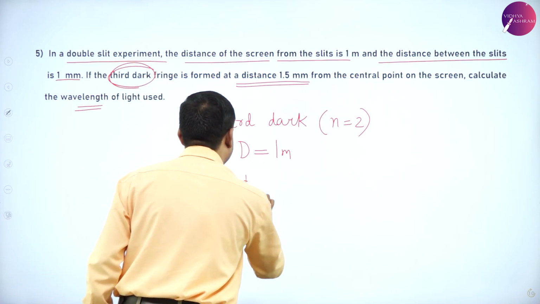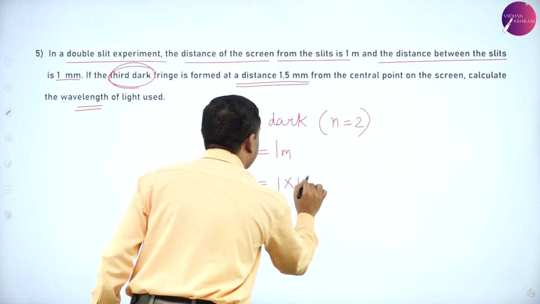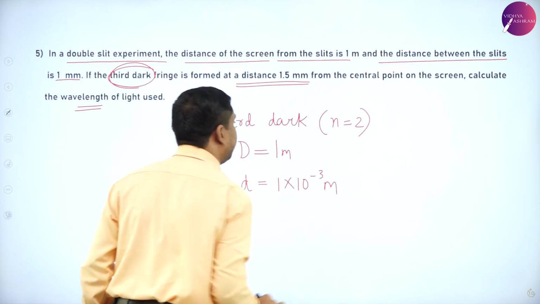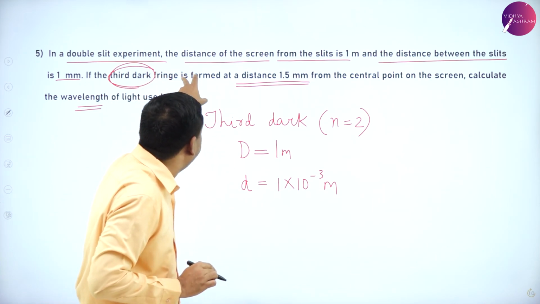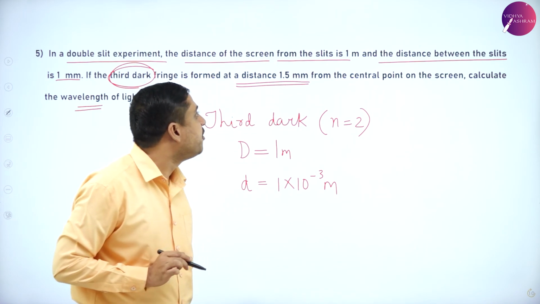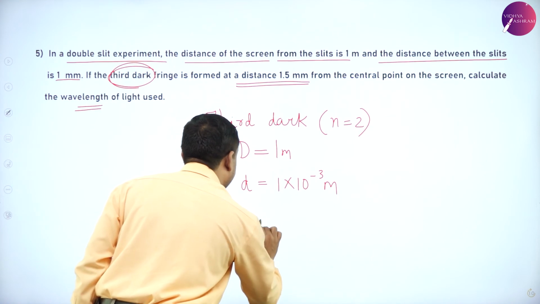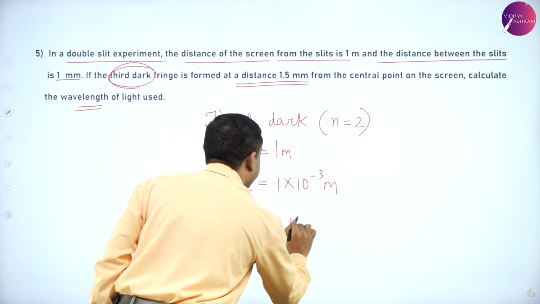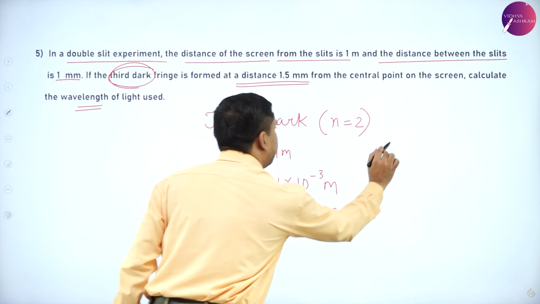Distance between the slits, 1 millimeter, 1 into 10 power minus 3 meter. The dark fringe is formed at a distance 1.5 millimeter. So X here is 1.5 into 10 power minus 3 meter.